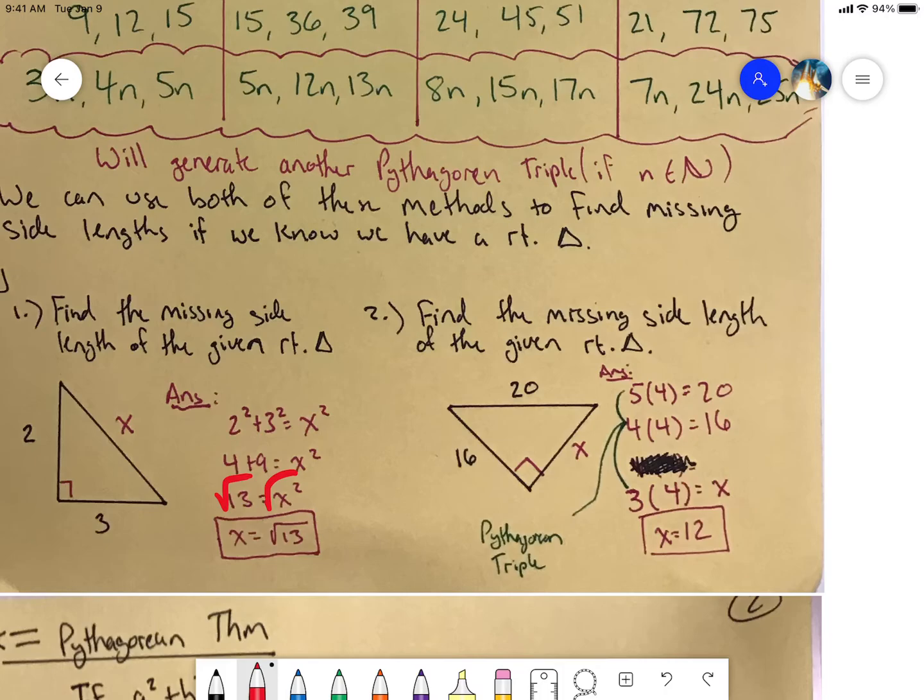So this is actually the Pythagorean triple 3, 4, 5, where it's 3 times 4, which is equal to 12, so my x is going to equal 12, and that'll generate a Pythagorean triple for us. Okay, so again, just a different way. If we recognize Pythagorean triples, that's just another way for us to solve for missing sides.